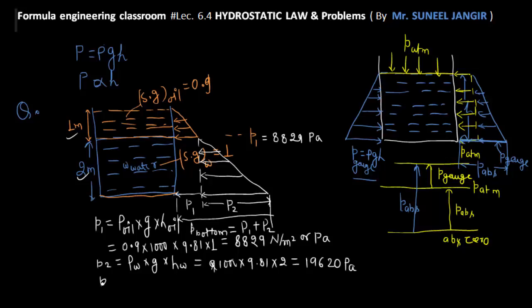So P at the bottom is equal to P1, which is 8829, plus P2, that is 19620. That equals 28449 Pascal.